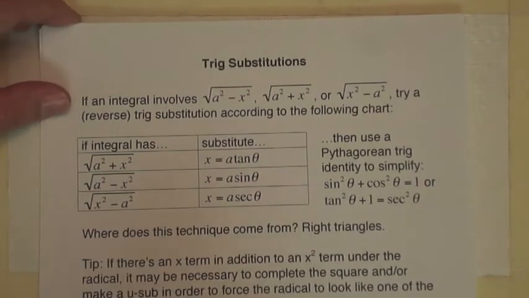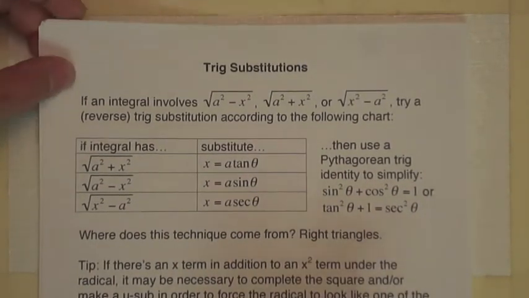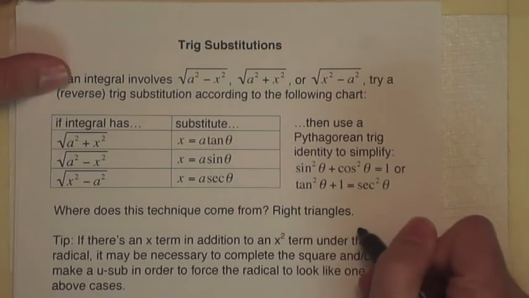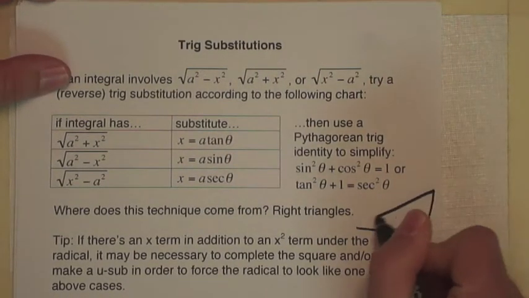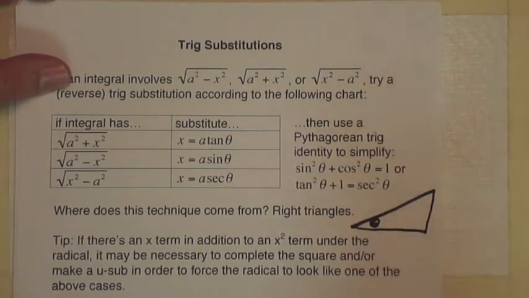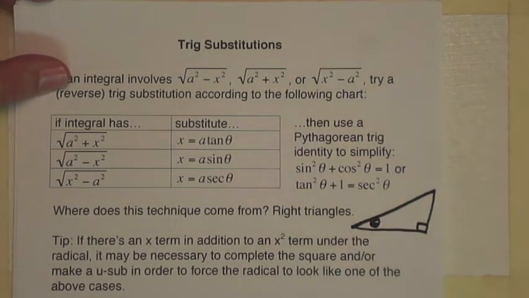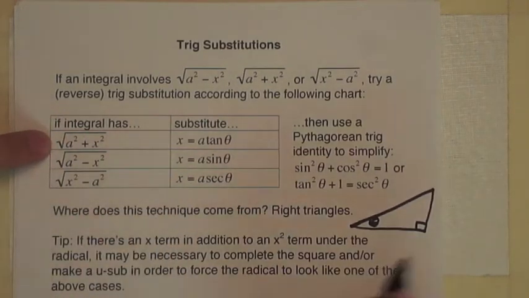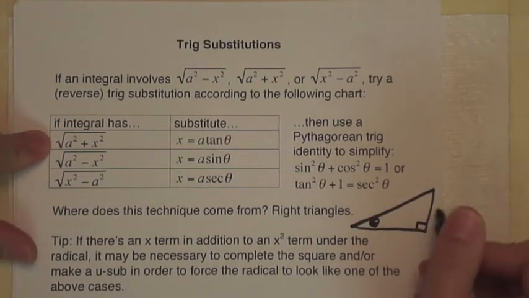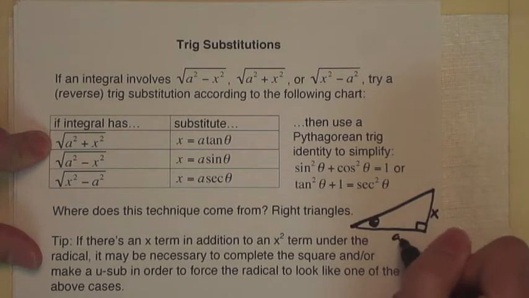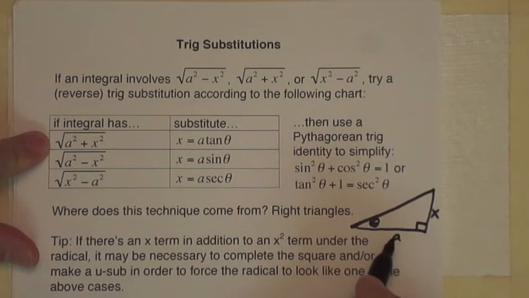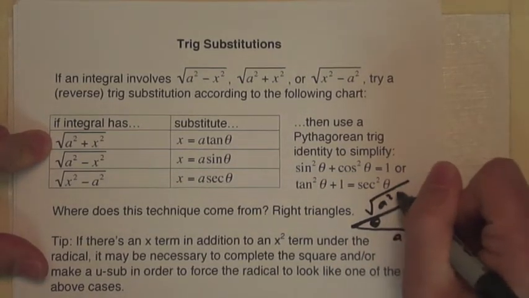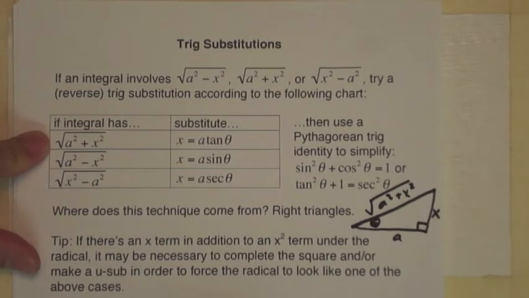Now, why does this work? Right triangles. Let me give you an example. If you draw a right triangle with this angle being theta, and this being the right angle, let's look at this first case. Suppose we label the sides x and a. By the Pythagorean theorem, the hypotenuse should be the square root of a squared plus x squared.